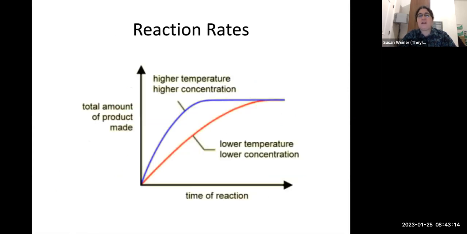This means that at higher temperature, more reactions are going to happen because things are just going to bump into each other more often. Also, higher concentration means things are going to bump into each other more often, and reaction is going to increase.